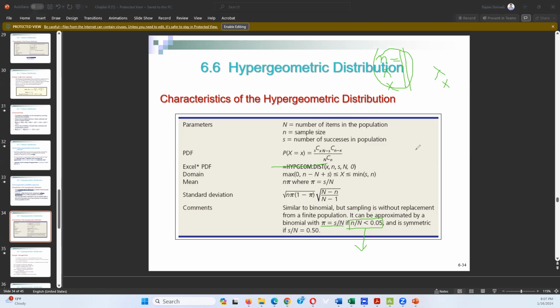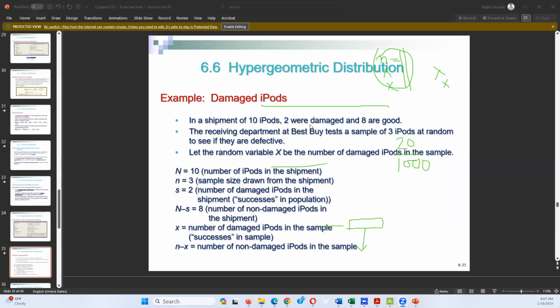Let's say you have 20 samples out of 1,000. What you need to do? n upon N should be less than 5%. You can use the binomial distribution in place of hypergeometric if you fulfill this situation. So how do you identify when you have capital N and small n? You can see clearly in this case.